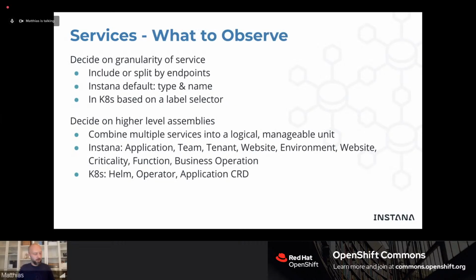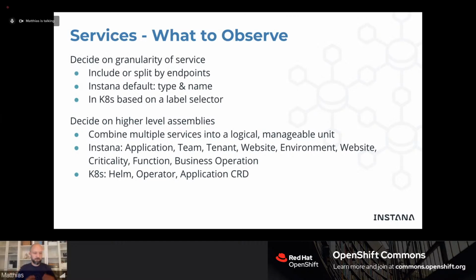So if we're then looking at what to observe, what are we looking into? The first question that you need to answer for yourself, for your team, is the granularity of your service. We're supporting very heterogeneous environments, and in Kubernetes there's already a structure to what a service is, but it doesn't have to be. You're not bound, and I think you shouldn't bind yourself to a Kubernetes service in itself, but think of service as a logical unit for yourself.